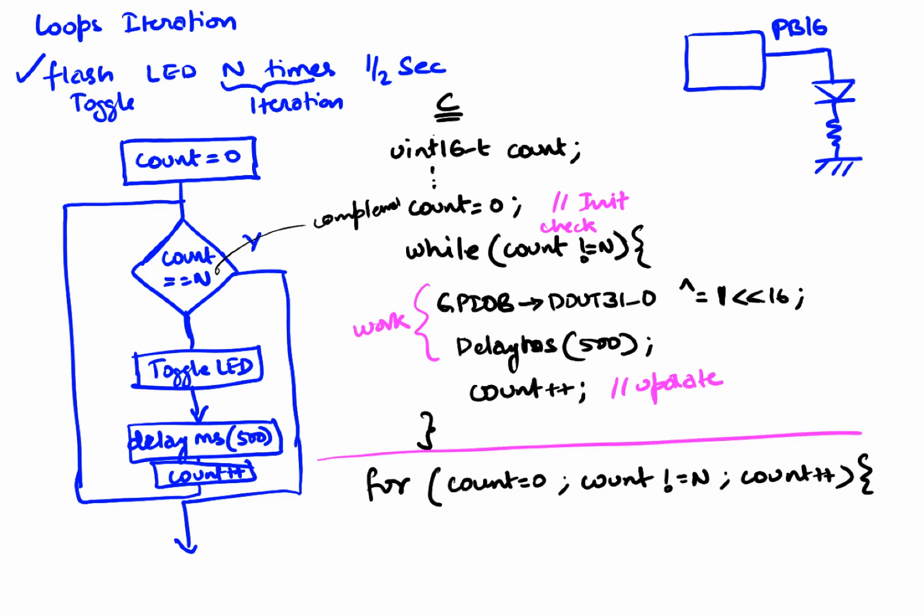We write all of them in one place. We wrote the initialization, the check, and the update, all three in one place, and then we write the body. I'm not going to bother with that here. We just say the body, which is just these 2 lines of code, and that's it. We don't have to worry about the update because the update is part of this.